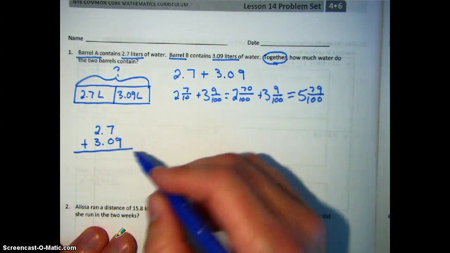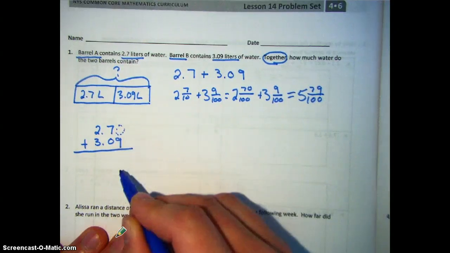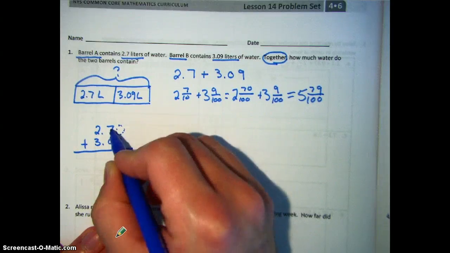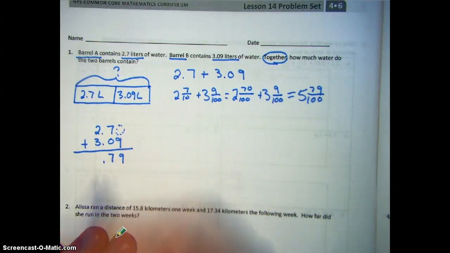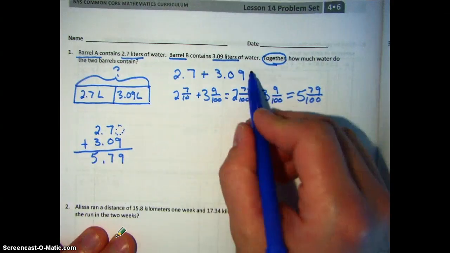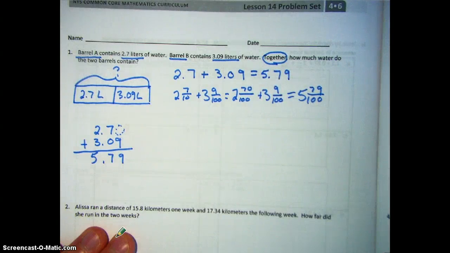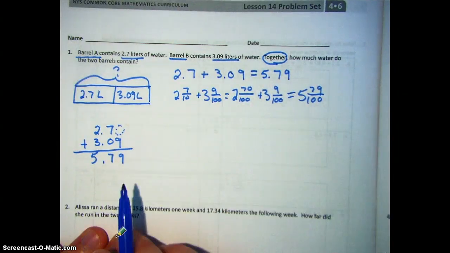Now we can go through and add them up, and we can see that we have 0 plus 9 in the hundredths place equals 9. 7/10 plus 0/10 is 7/10. Bring our decimal point down, and then 2 plus 3 gets us 5. So written as a decimal, it would look like this. Okay, you can see we end up with the same answer, just written differently.